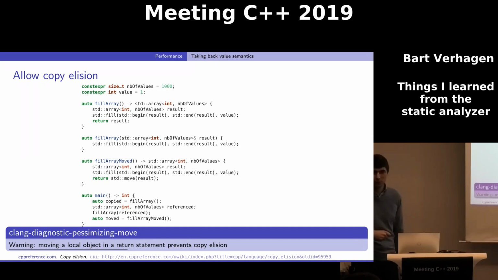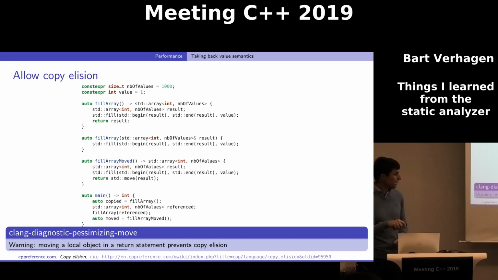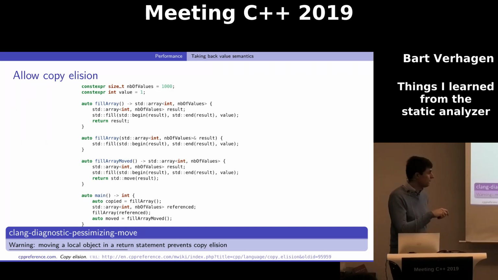But since it's talking about copy elision, that sounds like something interesting to dive into, right? Because for some reason it's not showing it here. To understand what copy elision does, it's an optimization which allows the compiler to, under very specific conditions, which are fulfilled here, construct the returned value not first here as a temporary with a copy, but automatically in the memory of the caller.